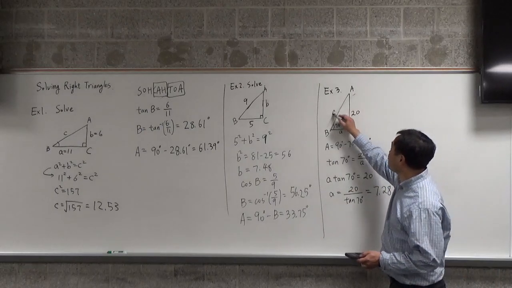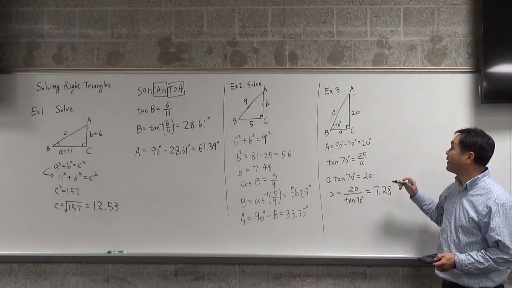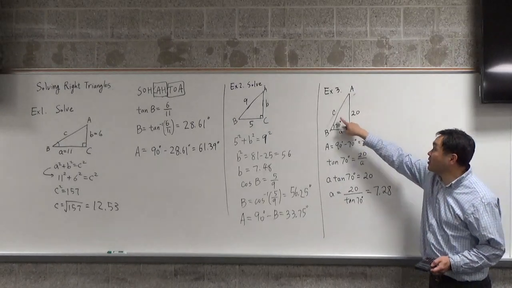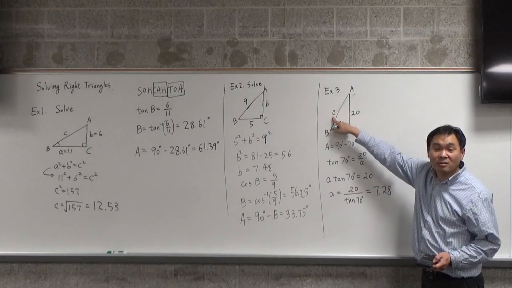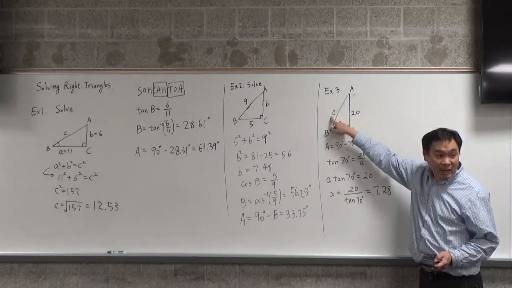What about this length C? What should we do? Well, 20 is given, so we have to use that. And this is the hypotenuse. So which one do we use? Sine. Sine has opposite and hypotenuse, right?